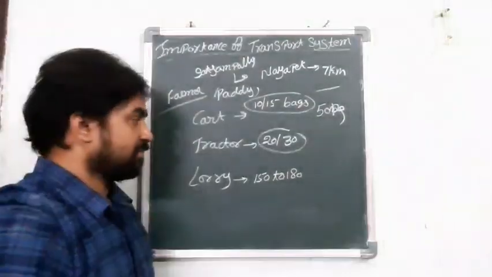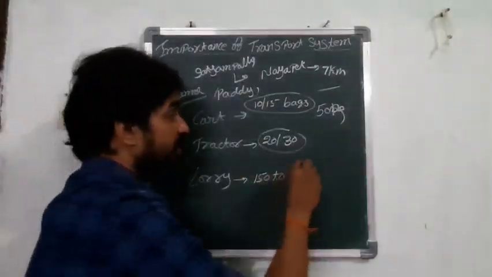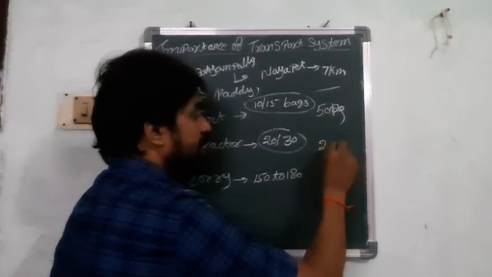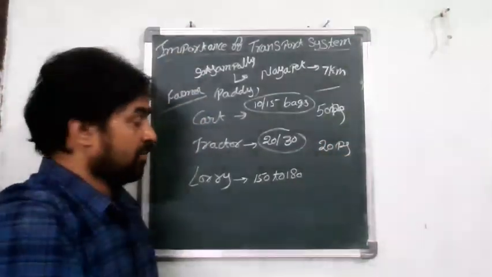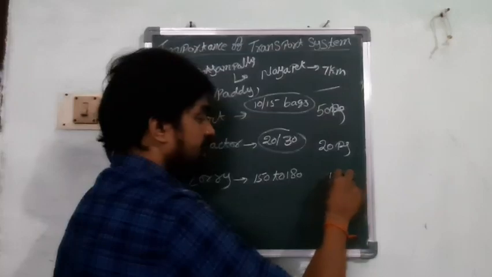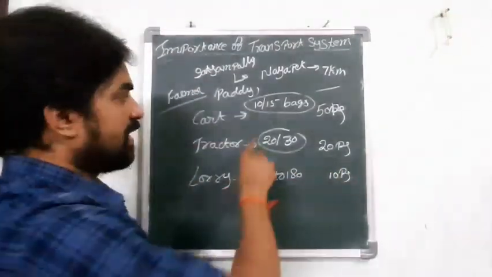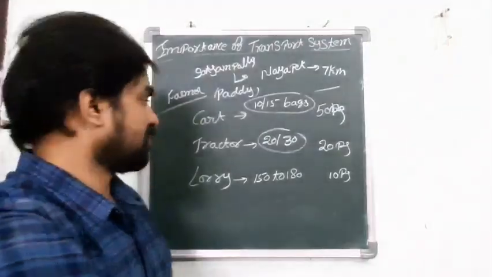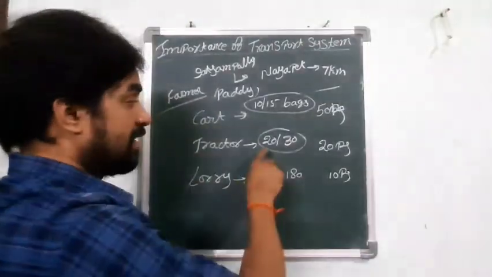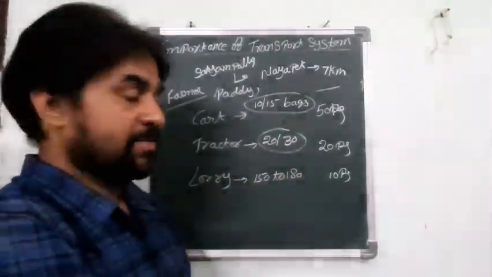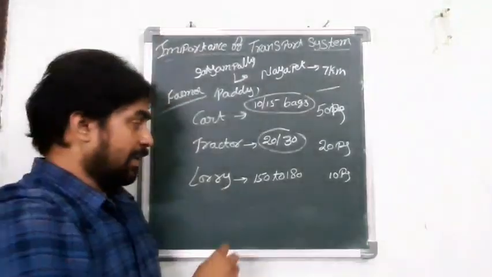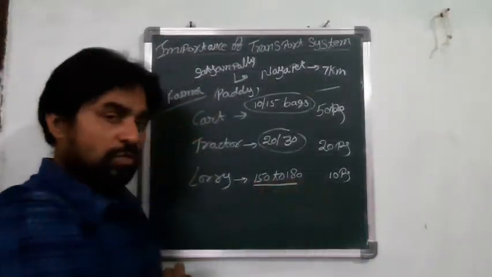But for the tractor, that is 20 rupees only. For the lorry, that is 10 rupees only. Why is this? Because in the cart, they can take a maximum of 10 to 15 bags. But in the tractor, they will take 20 to 30 bags. But in the lorry, they will take 150 to 180 bags.